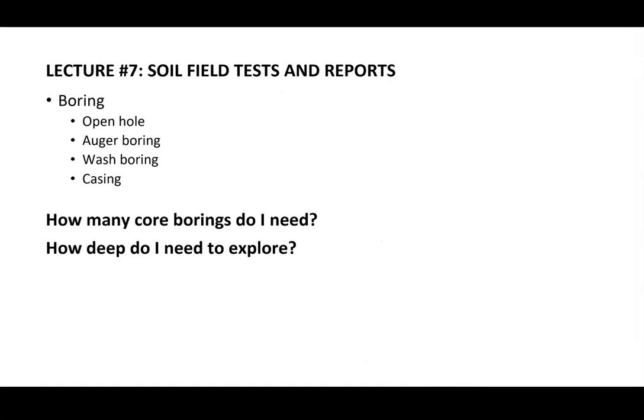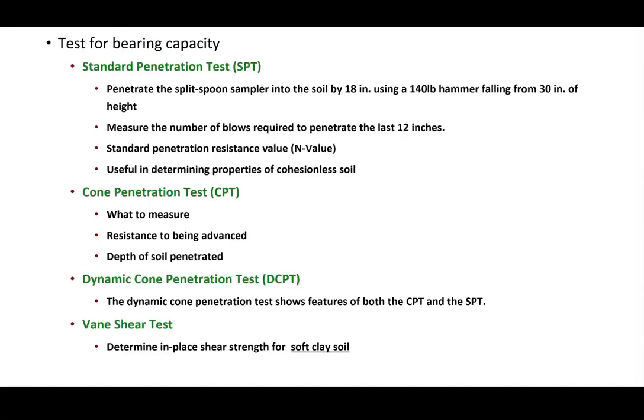Lecture number 7, we talked about soil field tests and reports, different types of boring, how many core borings are required, how deep we need to continue. We also talked about different types of field tests that are performed to evaluate bearing capacity.